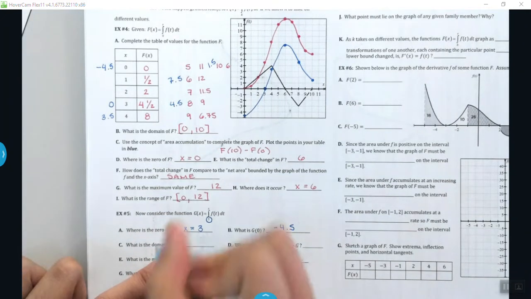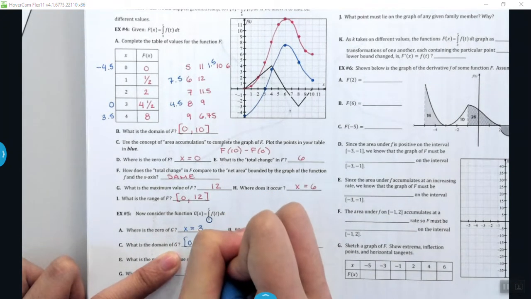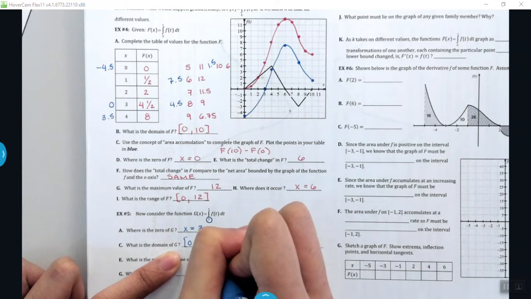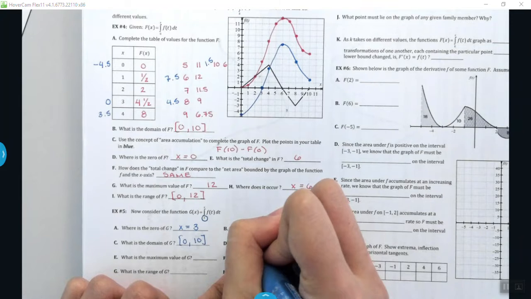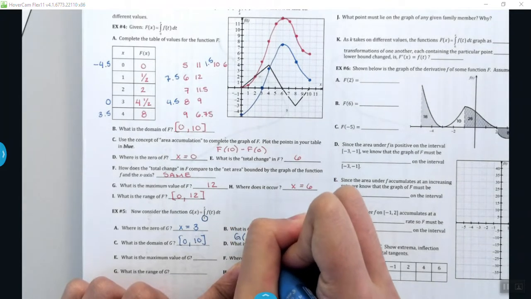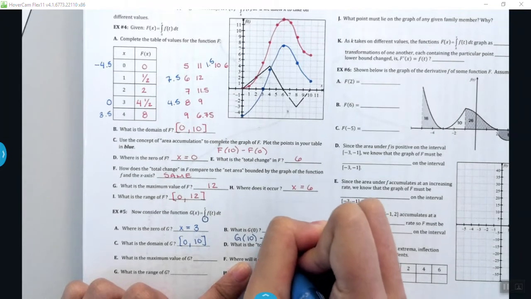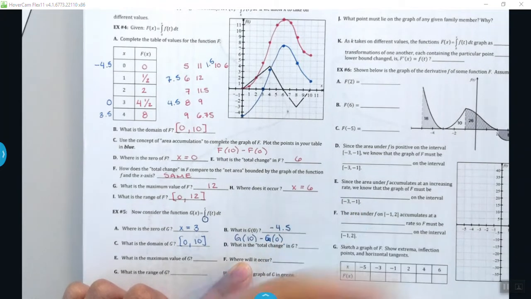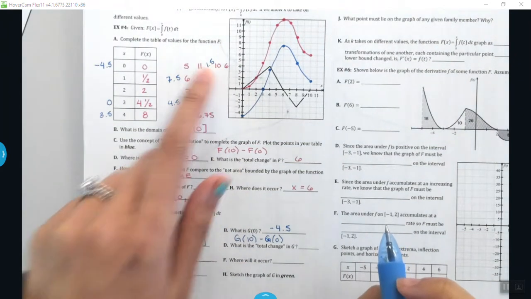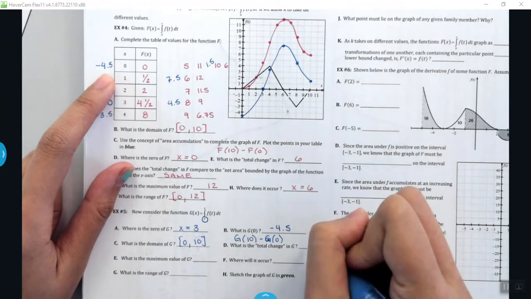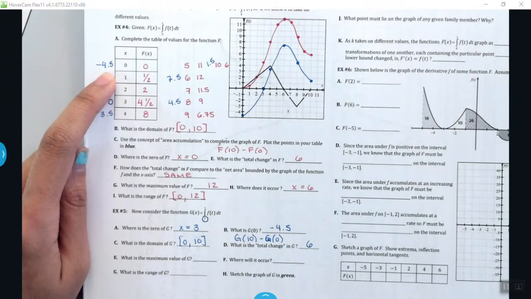The domain is still 0 to 10 because I can still find area from 0 to 10. The total change would be G of 10 minus G of 0, and 1.5 minus negative 4.5 is still 6. So our total change is still 6.